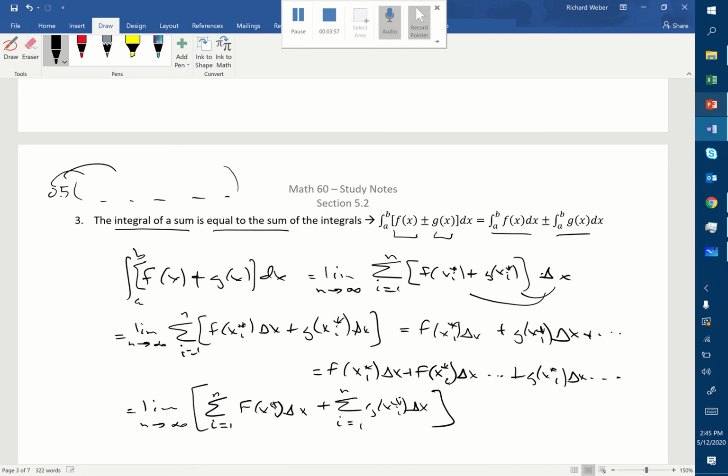And of course that means it's the same thing as the integral from a to b of f of x dx plus the integral from a to b of g of x dx.